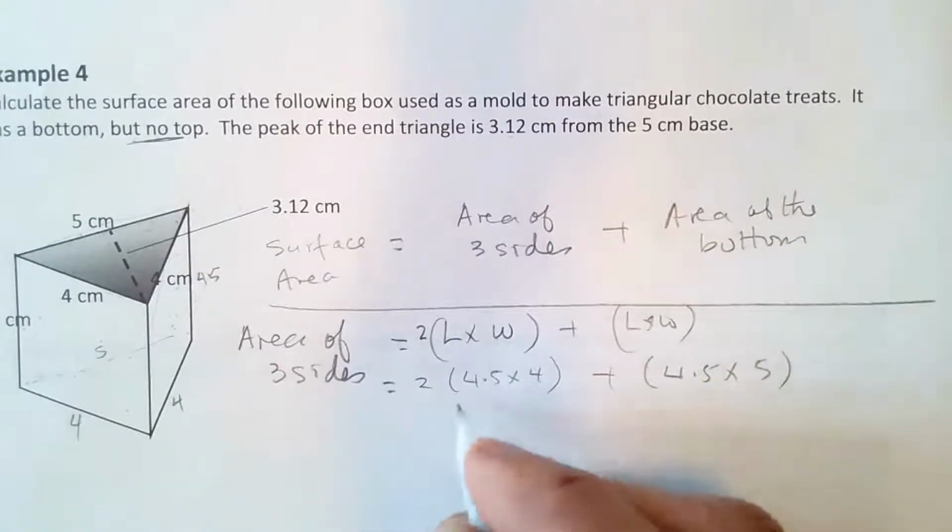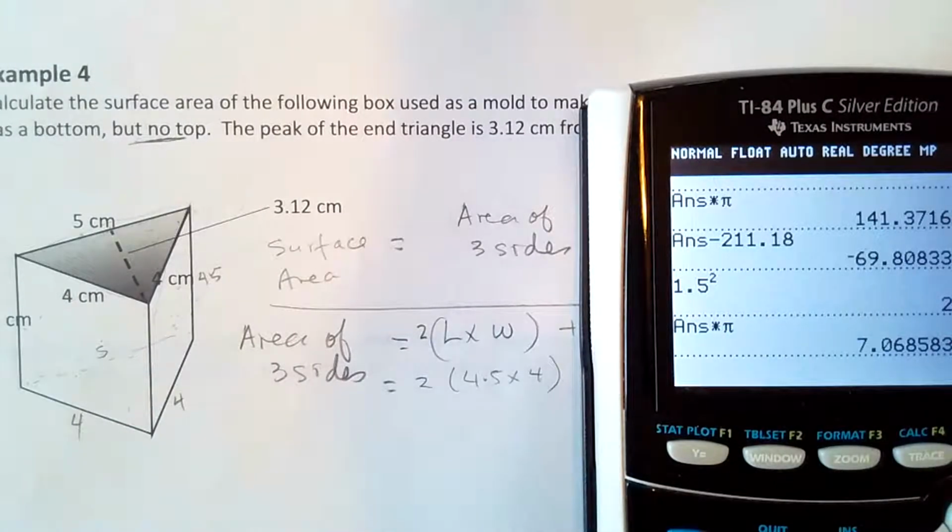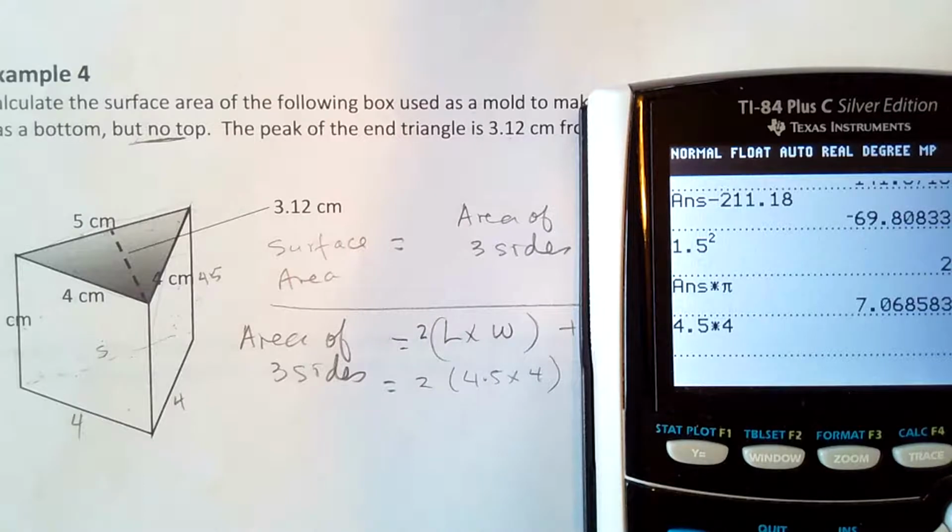So what does this give us? 4.5 times 4 gives us 18, and 18 times 2 is 36.